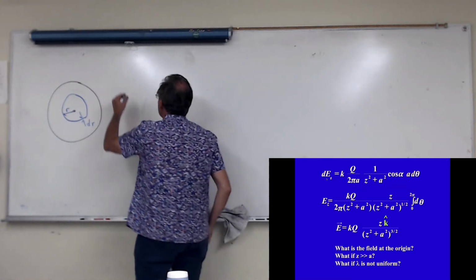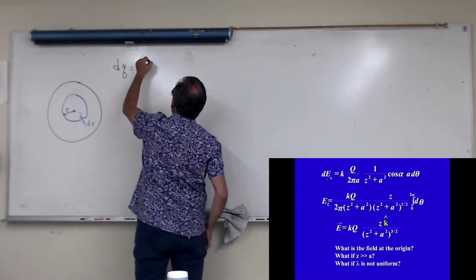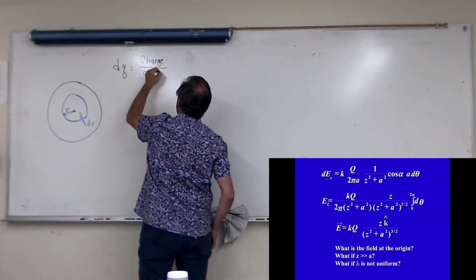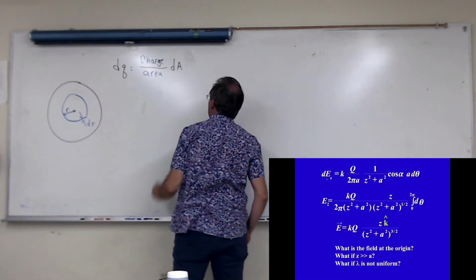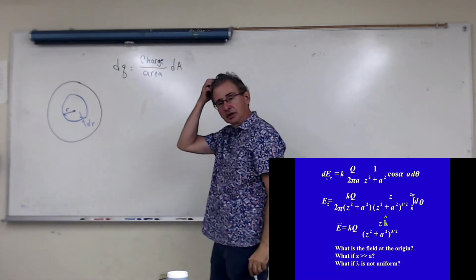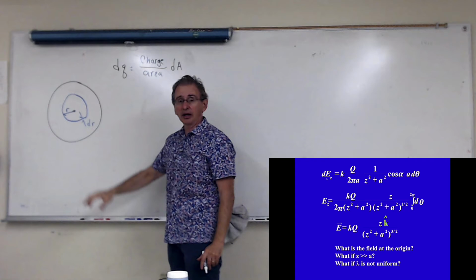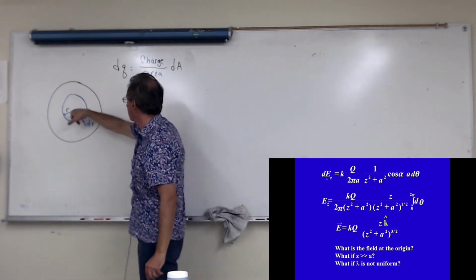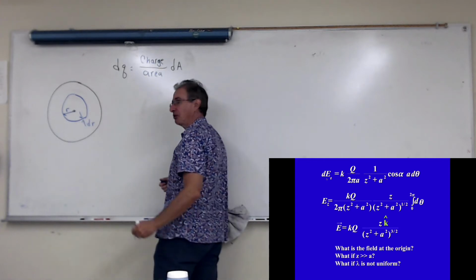And so my dq is going to be my charge per unit area times an area, whatever the element of area is. So I need to figure out what the element of area is for this little ring. Imagine I took a pair of scissors and I cut all the way around it, and I was able to straighten that out.